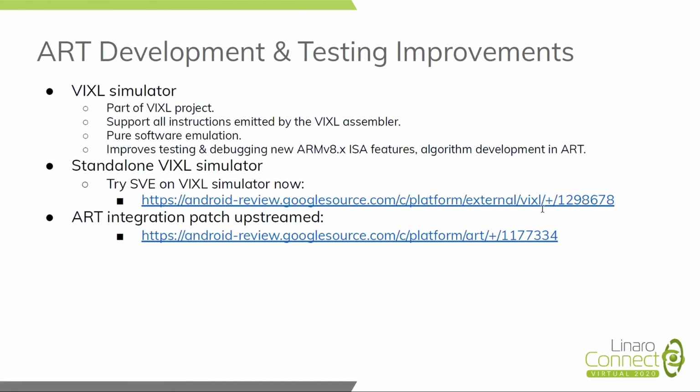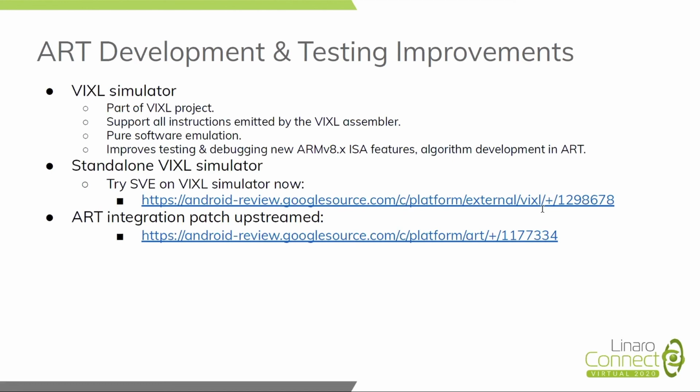And last but not least, we have started to use the VIXL Simulator more in the ART project. The VIXL Simulator is part of the VIXL project. It supports emulating all instructions emitted by the VIXL assembler. It performs pure software emulation. It is really useful in testing and debugging assembly snippets generated by the ART compiler.